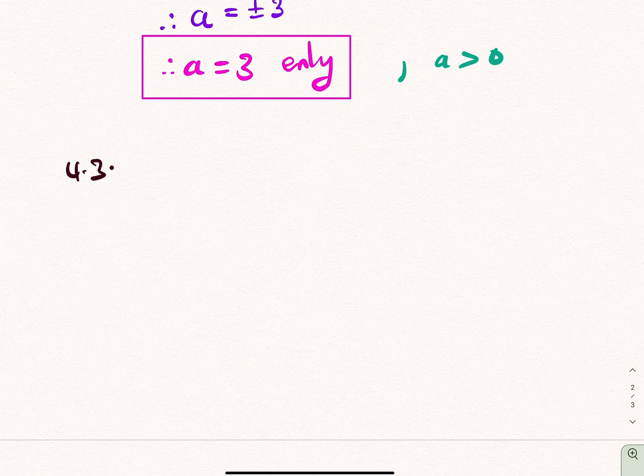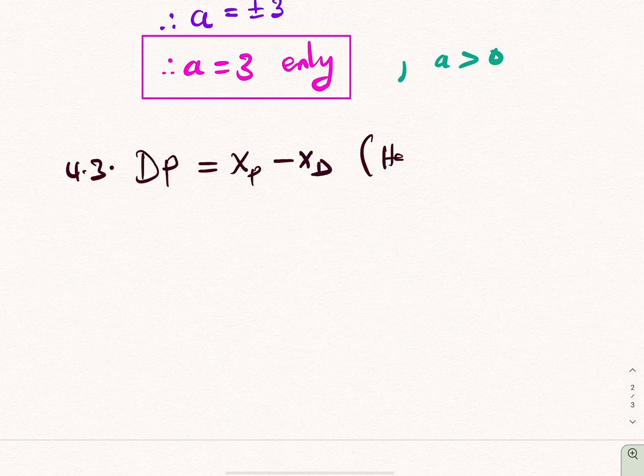So check, DP is the horizontal length. That is equal to the x at P, this P here, minus the x at D here.